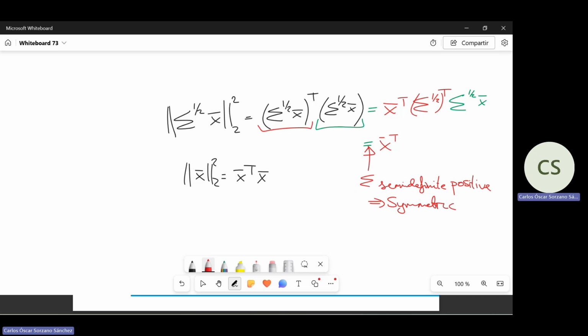And if it is symmetric, then these two operators can commute. So this is the same as sigma transpose. If it is symmetric, this one is also symmetric, and they can also commute.